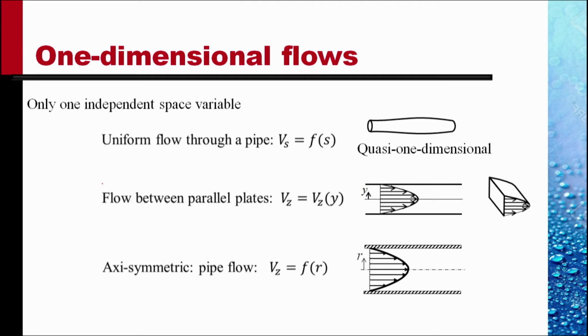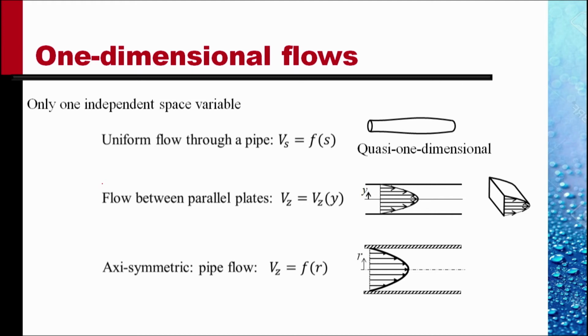Then simplification because of dimensionality of flows. If there is only one independent space variable, for example, we have flow through a channel, and we can assume the flow to be uniform, that at each section of the channel the velocity is uniform. That is, it does not vary across the cross section of the channel.